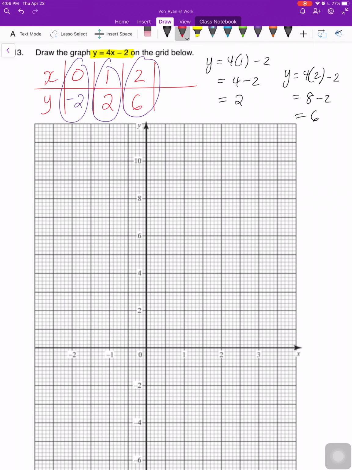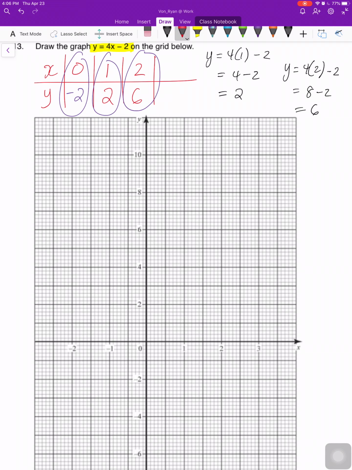And all we need to do now is plot those points in our grid. So 0 and negative 2 is basically our y-intercept. So it's going to be here. That's 0 and -2. Next, 1 and 2. 1 and 2 is here. And then we have 2 and 6. 2 and 6 is here.